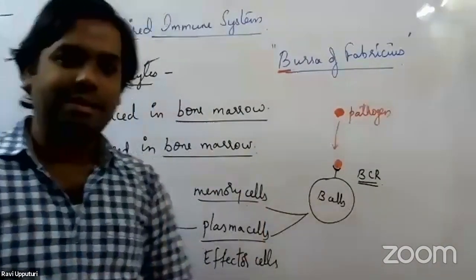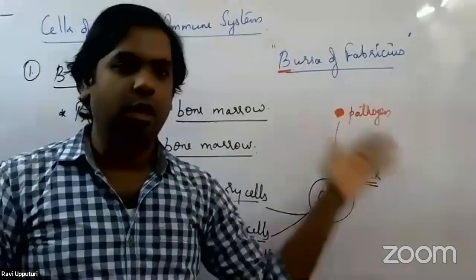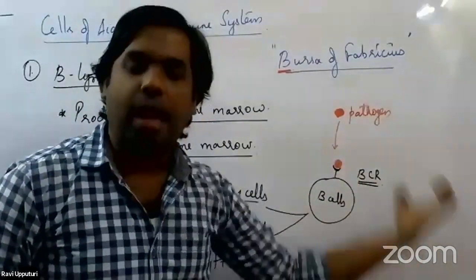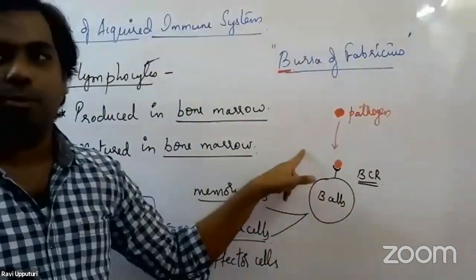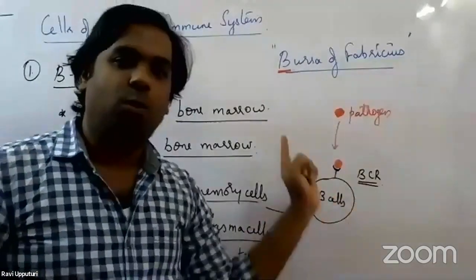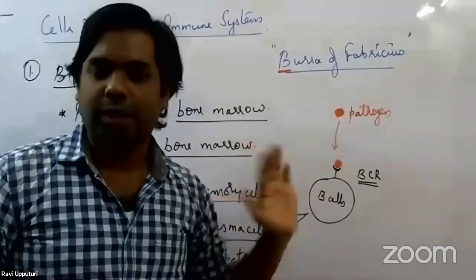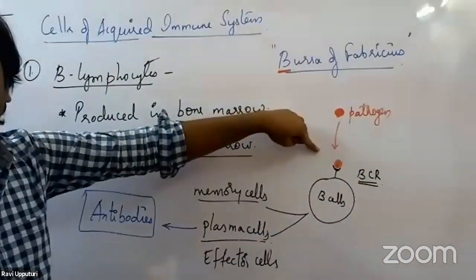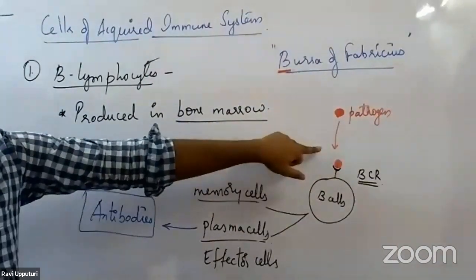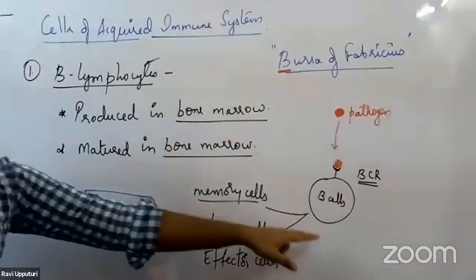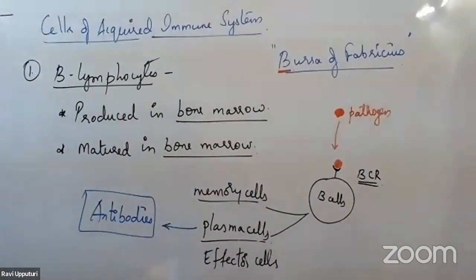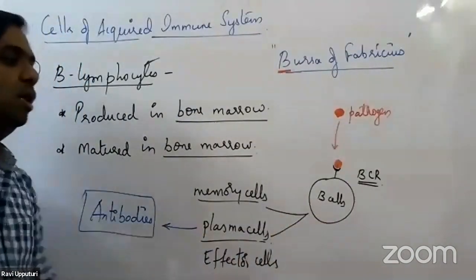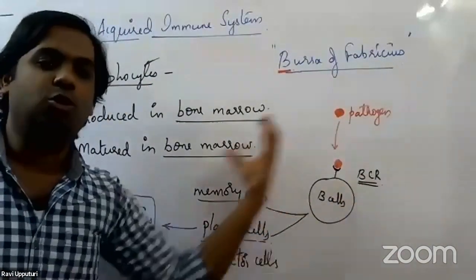Right? So what exactly is happening? One more time, just briefly. Whenever a pathogen or antigen enters into the body, the B cell receptors present on the matured B cells will start recognizing it. Once it recognizes, it would bind to the antigen or pathogen. Once it binds, this B cell would undergo the process of activation. Once B cells have been activated, they would undergo differentiation to produce two types of cells.